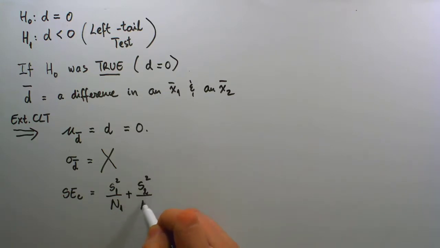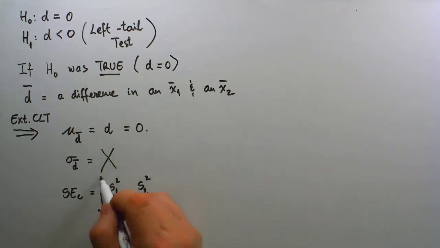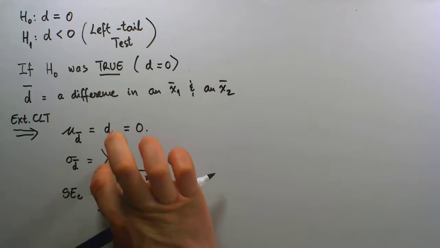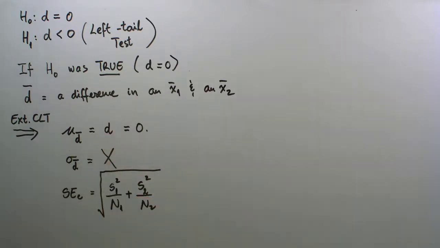And so doing that will keep it easy and simple for my students to understand. It's easy to remember. And so this can be used as a close enough substitute for sigma d bar in place of the average spread.